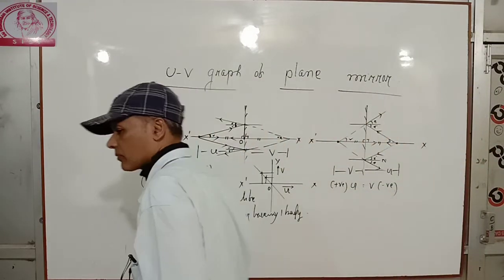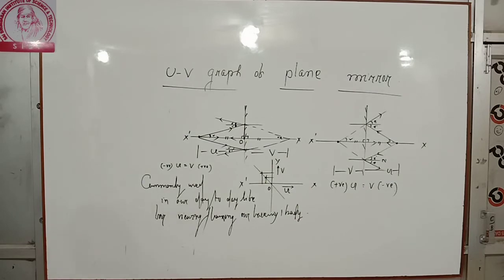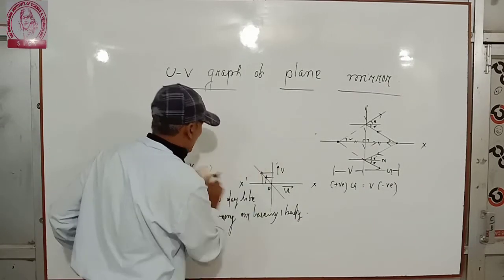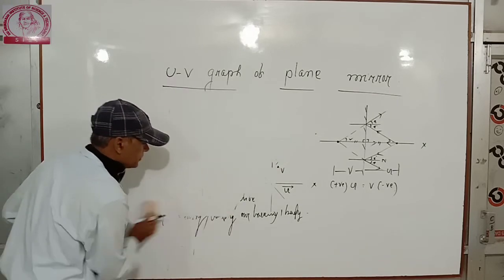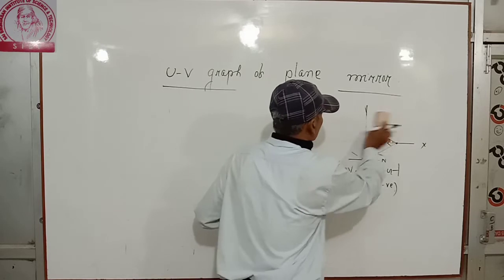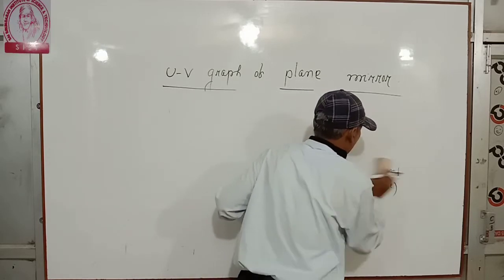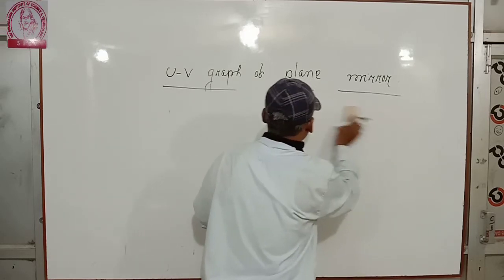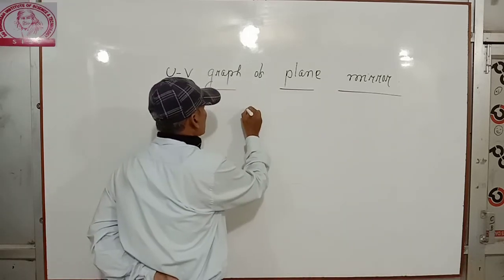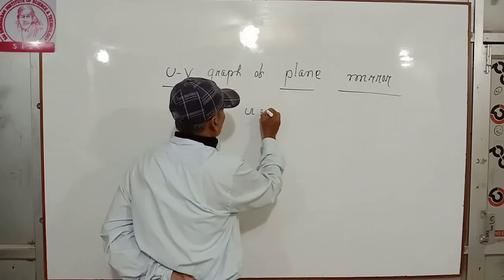Next, one more thing I want to tell you about the plane mirror. It is also important because, in the case of a plane mirror, you know u is equal to v.